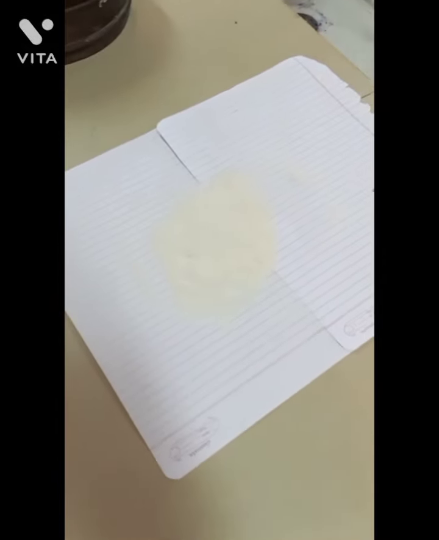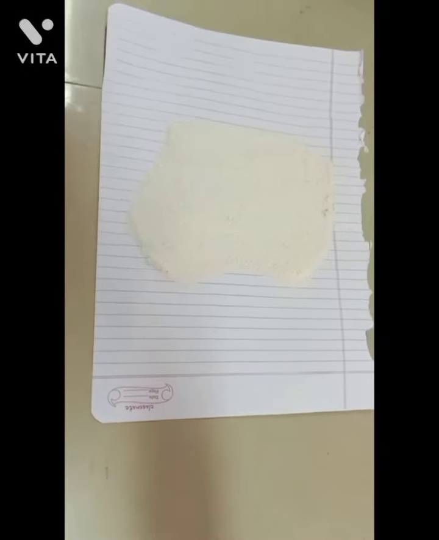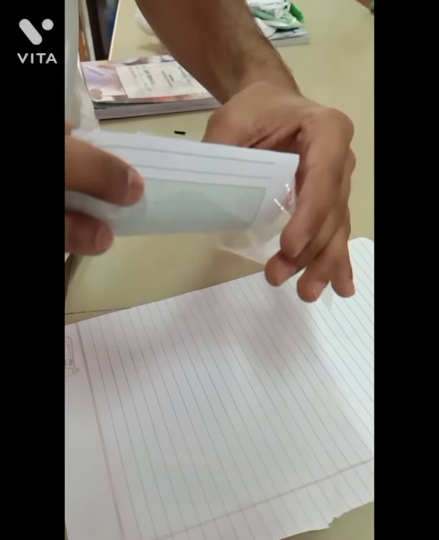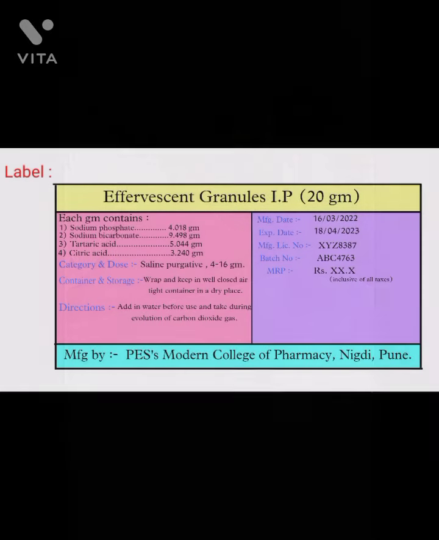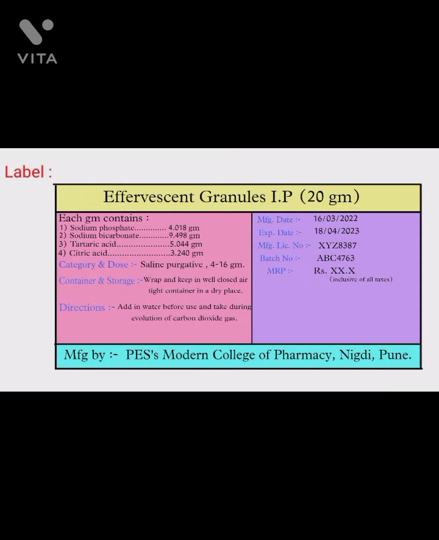After that, dry the collected powder mixture for about 2 hours, and after drying, transfer the powder mixture into the airtight self-sealing pouch. Now let's see the label for effervescent granules.